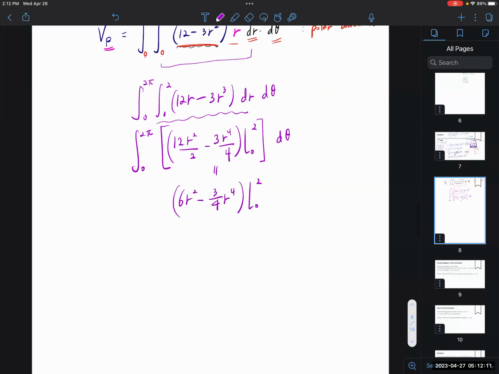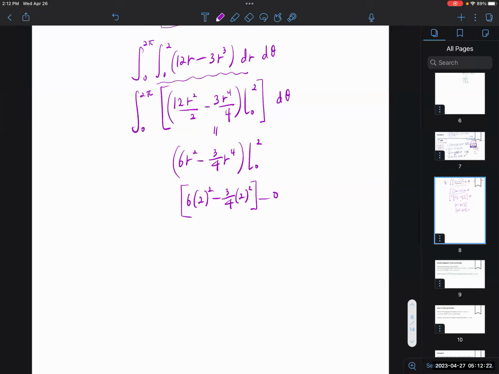And 0 to 2, so we're going to do 6 times 2 to the second, 3 over 4 times 2 to the second, and everything is going to be 0 at the lower limit. So if you calculate it, 4 times 6 is 24, 4 cancels, 3 so this one is going to be 21. Am I correct?